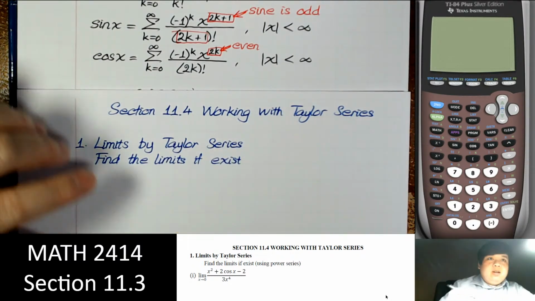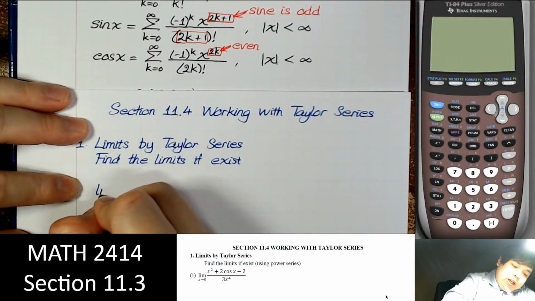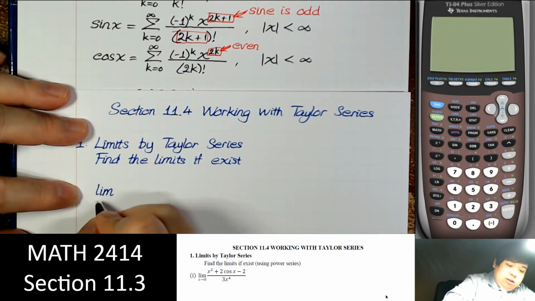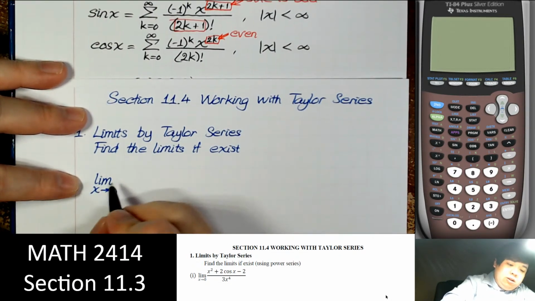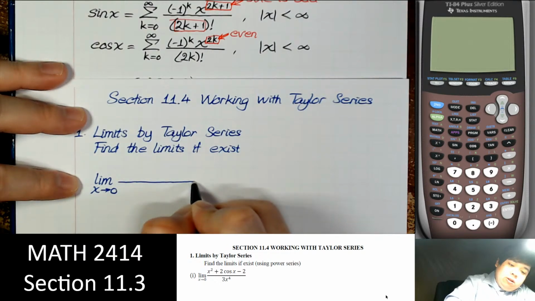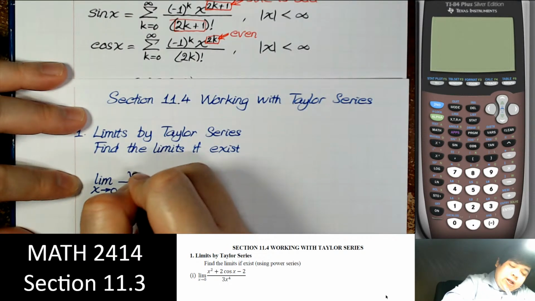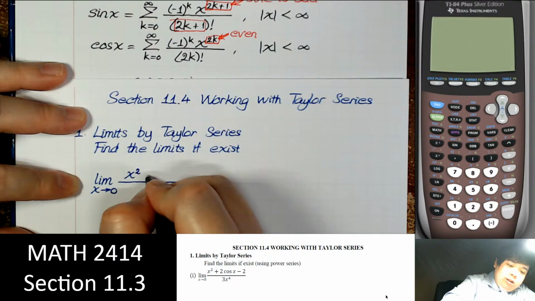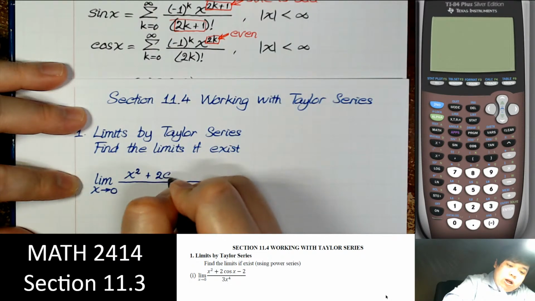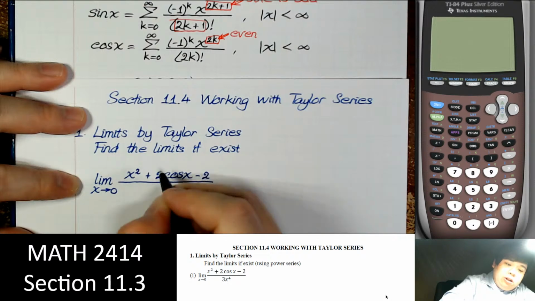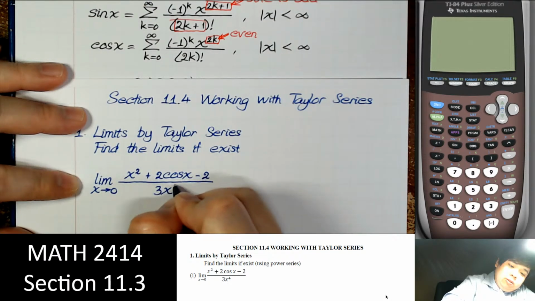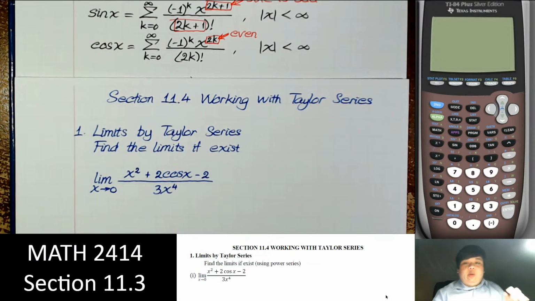Just going to do that first example here, to find the limit as x goes to 0 of x squared plus 2 cosine of x minus 2, over 2x to the 4th.